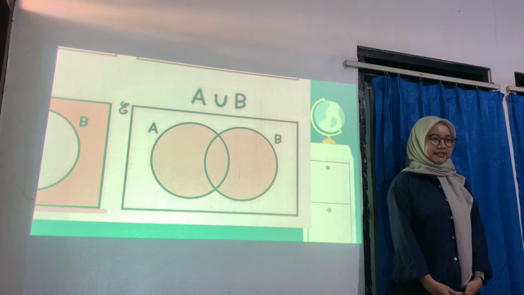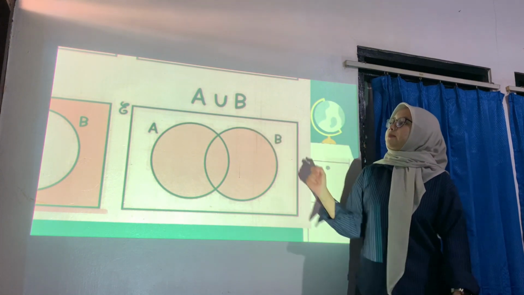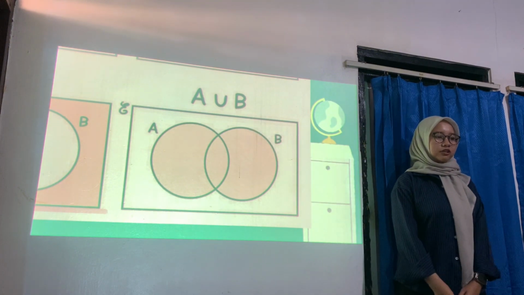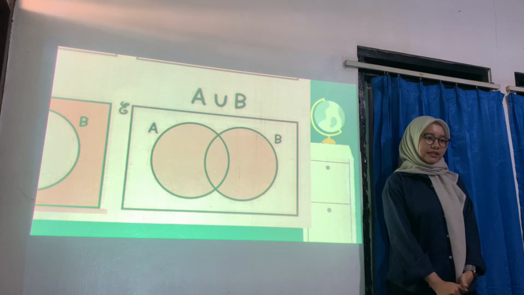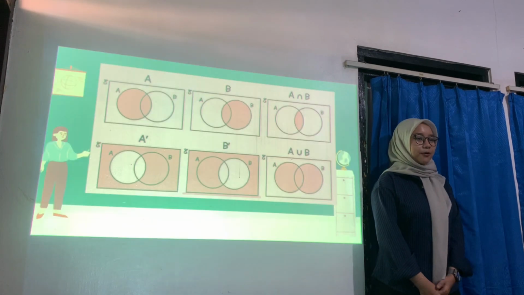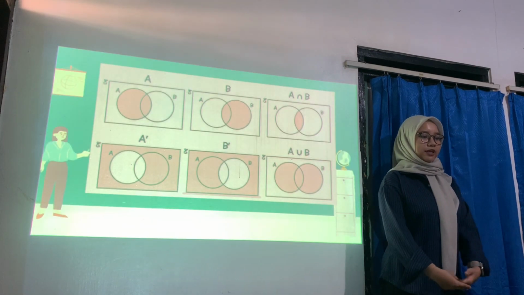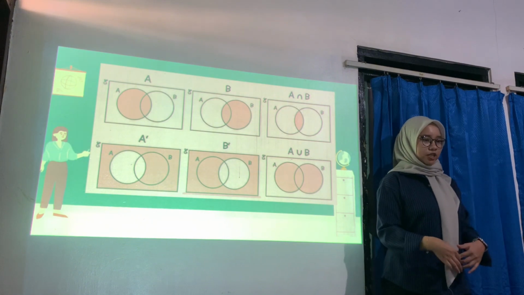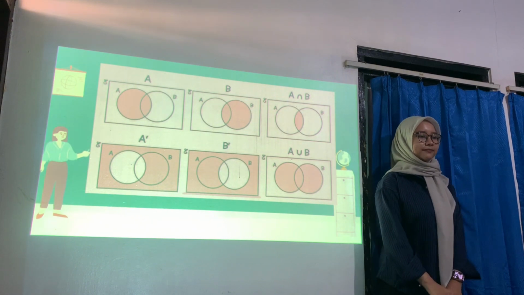Next, the last picture, read as A or B. This is a combination of all outcomes that are included in A, B, or both. Well, with Venn diagrams, we can visualize and calculate the probability of various relationships between events.